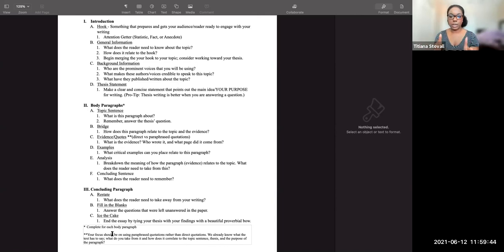So according to this author, they stated such and such, right? It does not have to be a direct quotation. It can be a paraphrase quotation where they describe this moment here. And by describing this moment, this is what we gather. So we already know what the text says. And so we do want to make sure that we are understanding the meaning of what we're reading and not just regurgitating what has already been said.